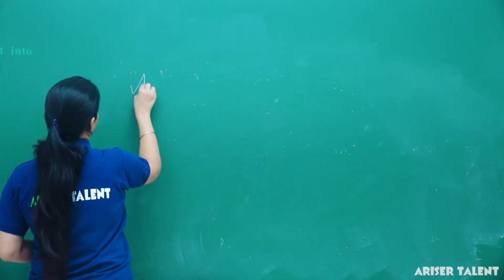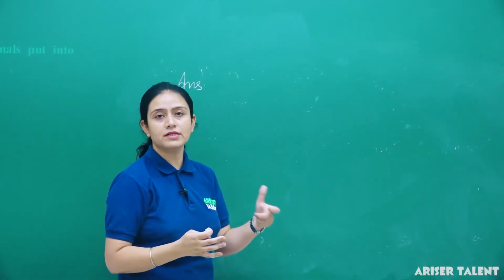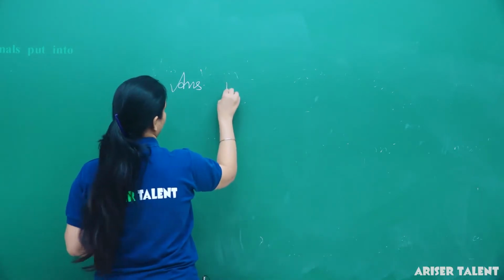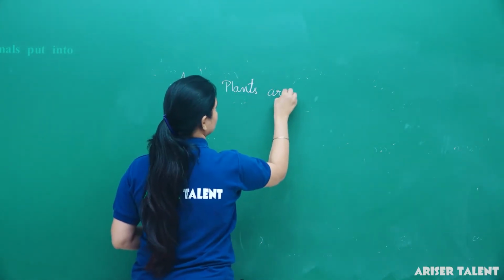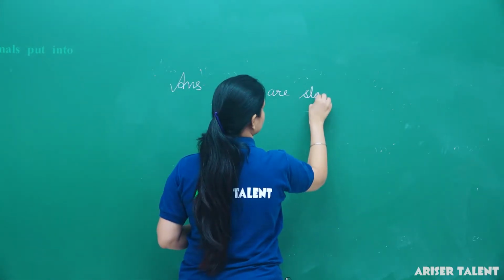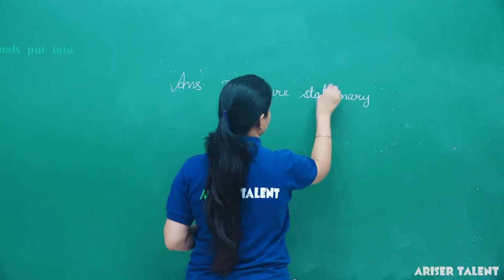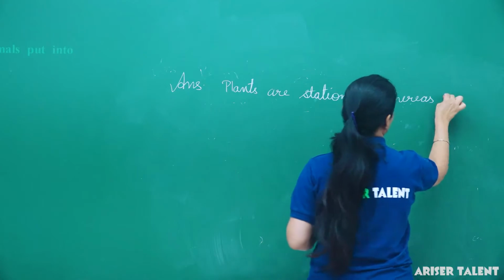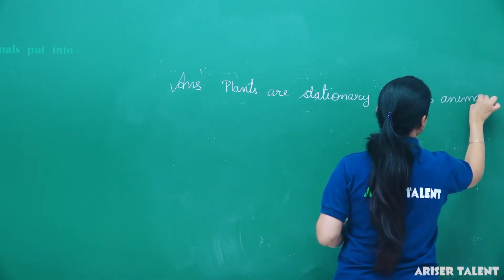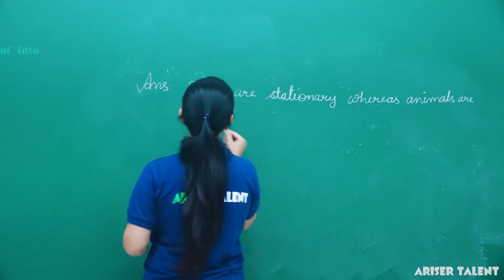First of all, if we talk about plants, then we all know that plants are stationary. They are fixed at one place, but animals are motile. So here we can mention that plants are stationary, whereas animals are motile.